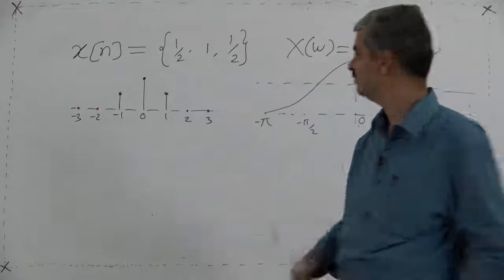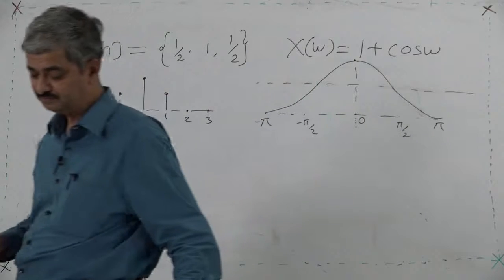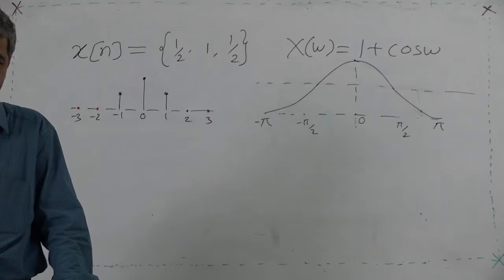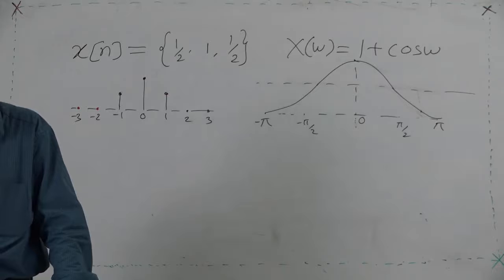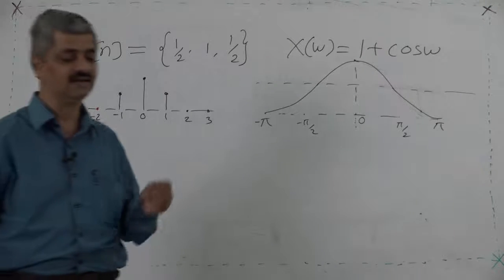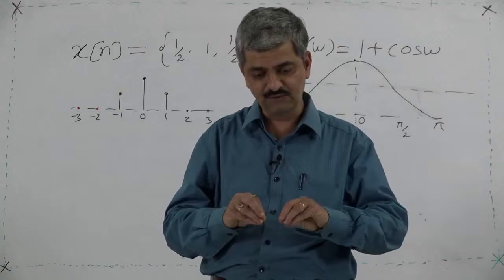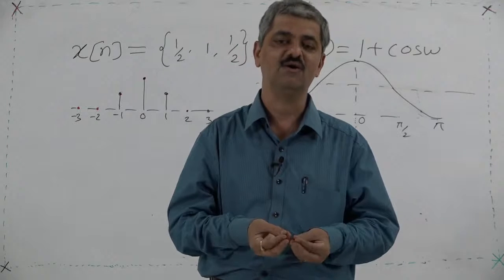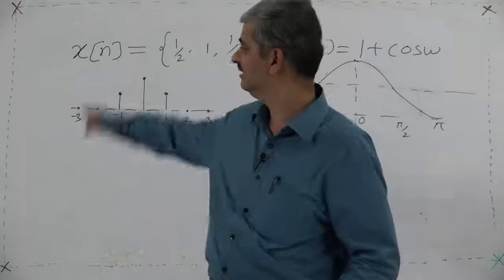Listen very carefully: the value of the discrete time Fourier transform at a given omega is the relative weightage of the infinitesimally small component of that frequency which exists in x[n].